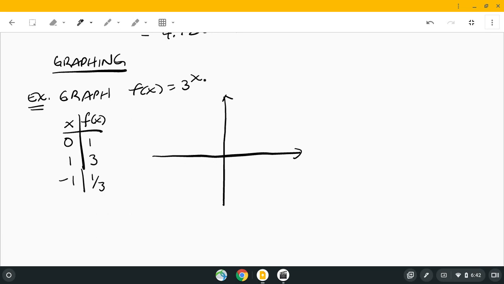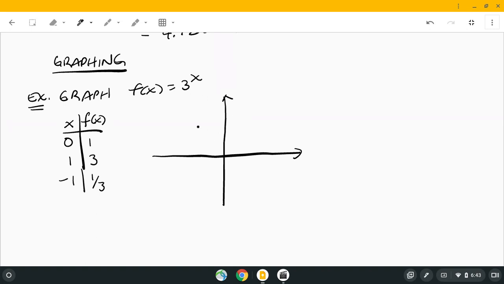Let's take a look at what we have here. We already said that we will never have a negative outcome, so we're never going to be down here. And there's no way to get 0, so we're not going to cross the x-axis. That means our graph is going to be up above, somewhere up here.